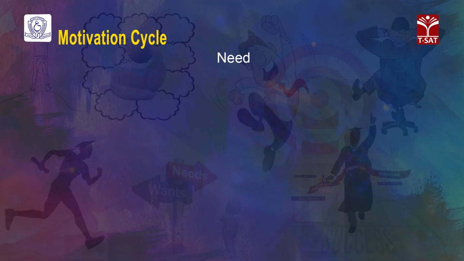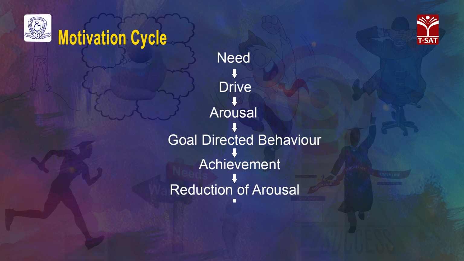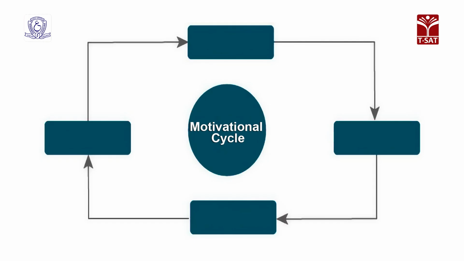If you want to understand the motivation cycle in an equation form, it would be something like this: need leads to drive, drive leads to arousal, arousal leads to goal directed behavior, as a result of which we achieve something, that is achievement. Once we achieve something, the reduction of the arousal takes place and then a new need emerges. The same thing can be seen in this figure, the motivation cycle.